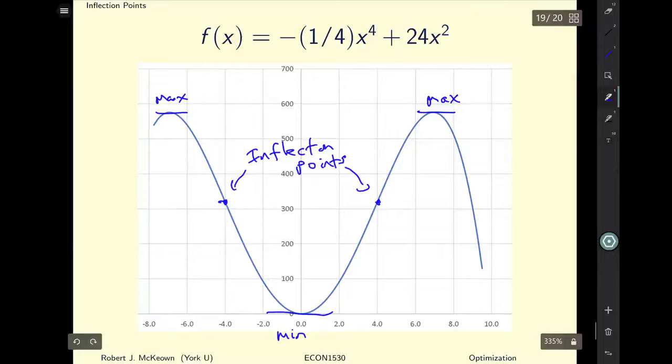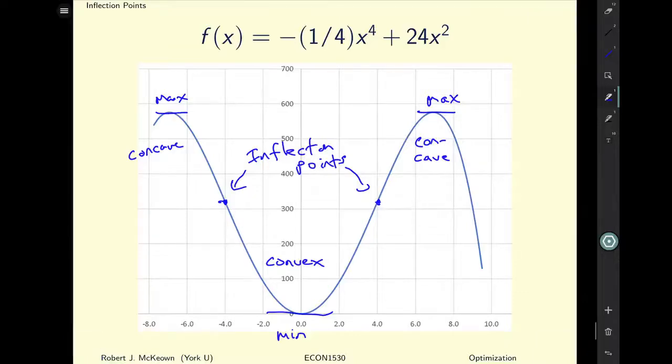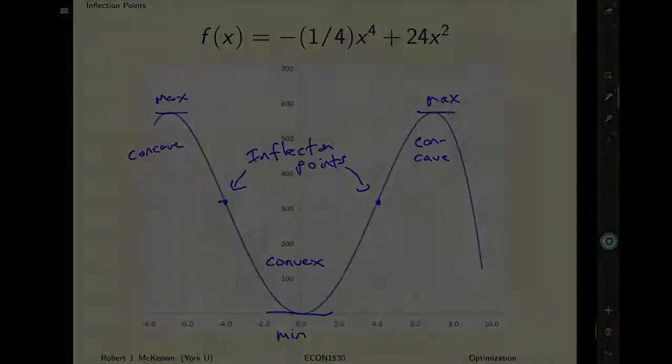That tell us when the function turns from concave to convex. It's concave over here, concave up there, and then down here it's convex. So those inflection points tell us when the function is changing from concave to convex and from convex to concave.